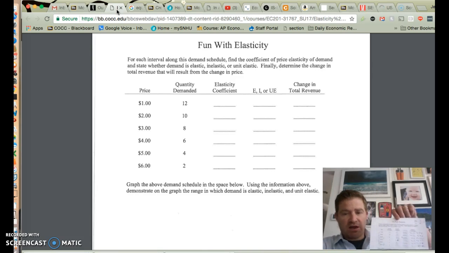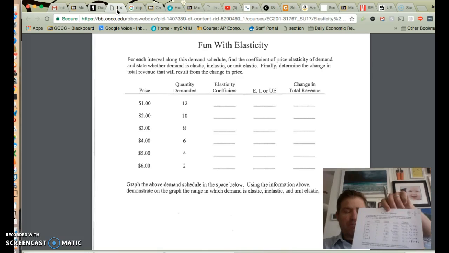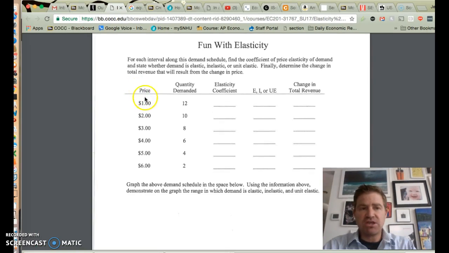Elasticity, I went through and created a solution that I will post when it's done, but if you can see that. What's interesting about elasticity is elasticity changes depending on whether you're moving from $1 to $2 or $2 to $1. So basically, I'm going to be very lenient on the assignment.